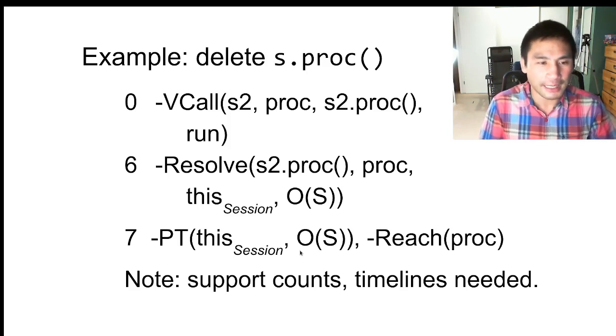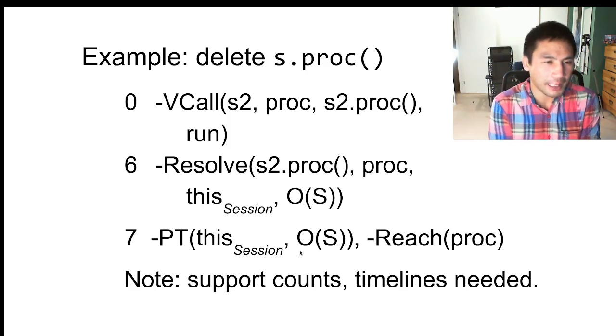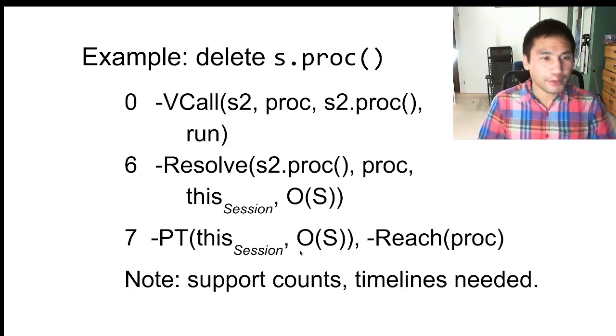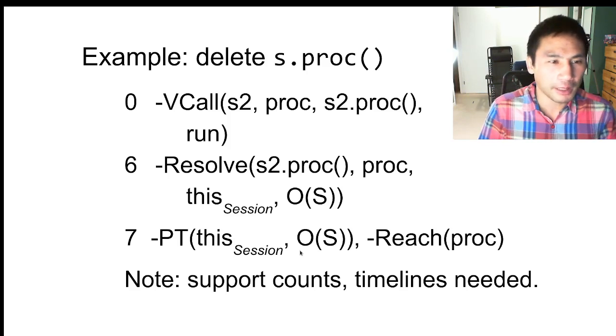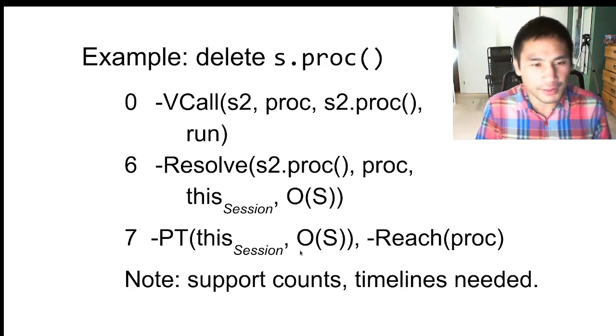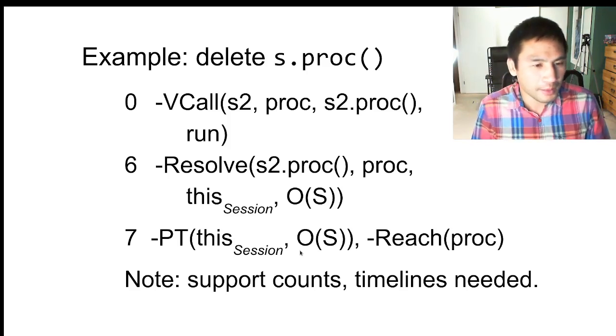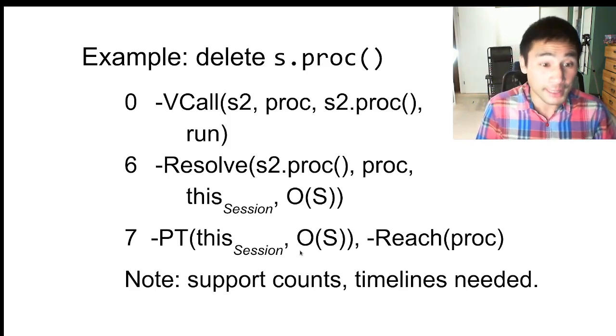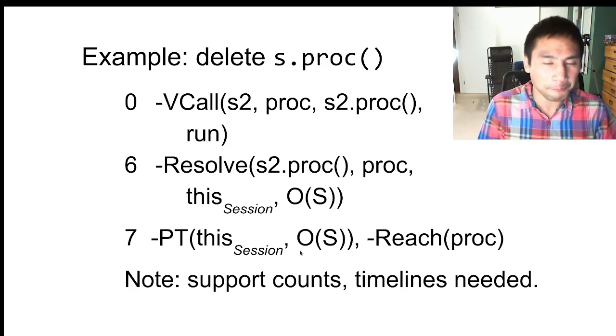It turns out that at step 6, the implication is that you remove s2.proc, resolve s2.proc, and then at step 7 you remove the points-to analysis result, this session O of S, once, and reach proc once. It doesn't actually change the answer at 7 because you can still reach it through S1 proc, right?